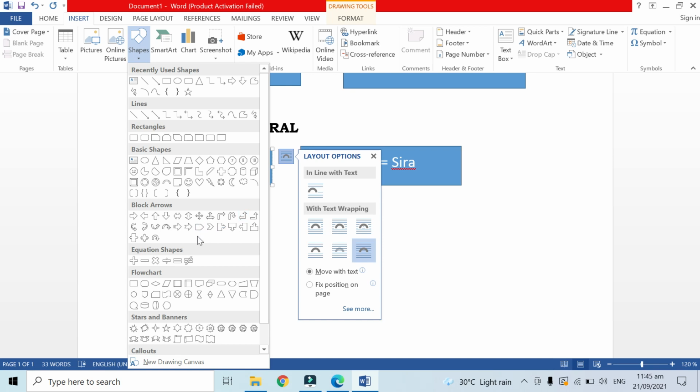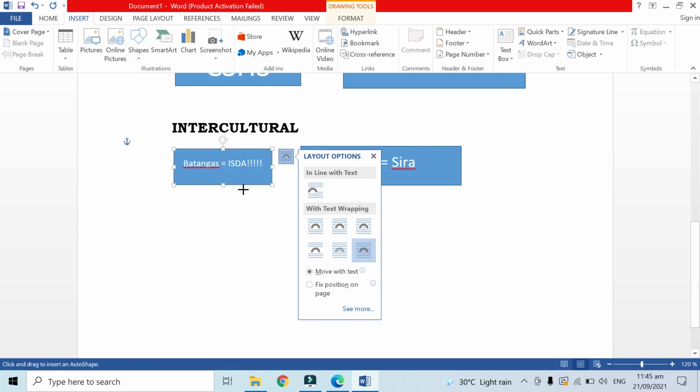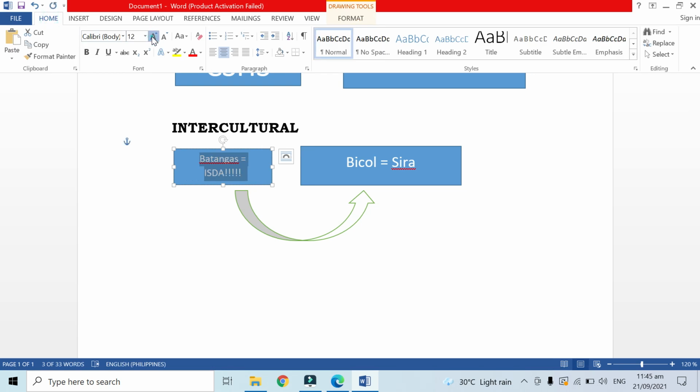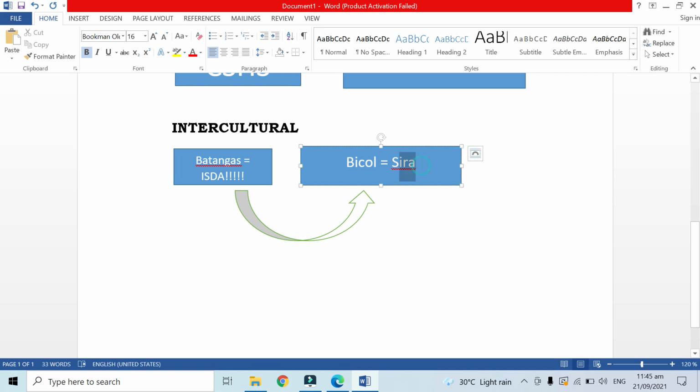The Batangueño accused the Bicolano of destroying his image because he was telling the whole community that the isda he is selling is sira. Whereas when you mention sira in Bicol, sira means isda.